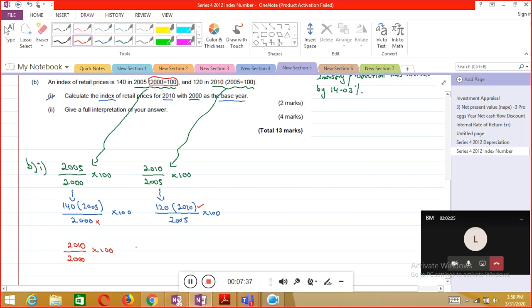So we need to do some reverse calculation. How you do reverse calculation is you take 140 times 120, these two you times each other, divided by 100, because they already mentioned 2000 is equivalent to 100, correct?